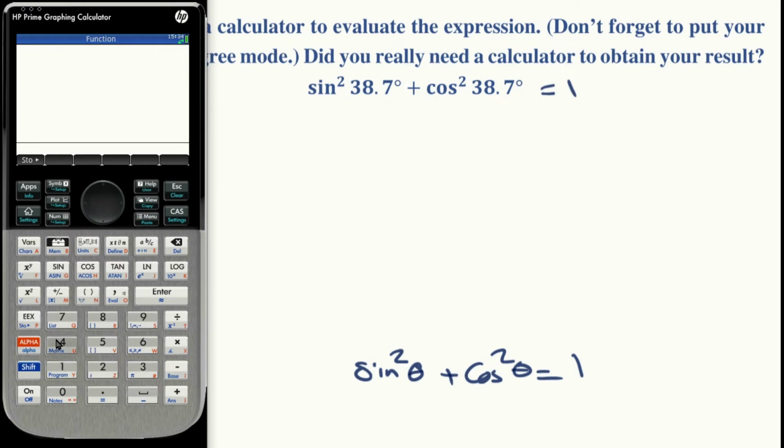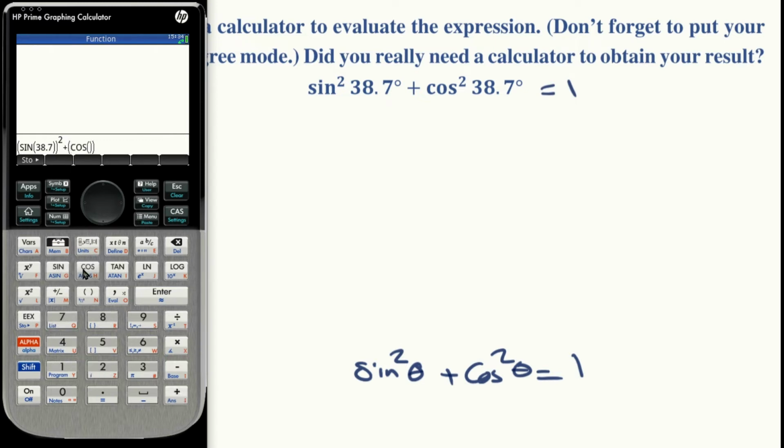So you basically type the problem in as you see it, except here with these, what I recommend you do is just go ahead and type the sine of 38.7, get out of those parentheses and then square it like that, okay? And then now we're going to do the same thing with cosine.